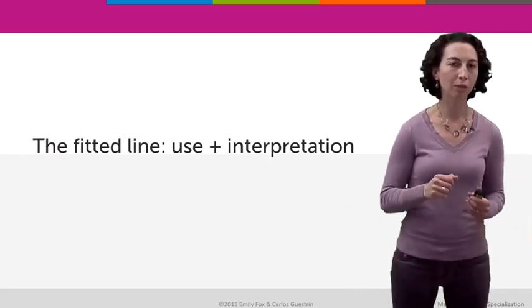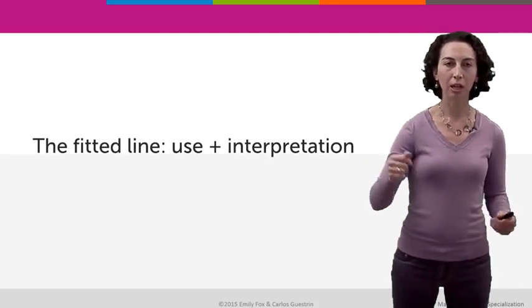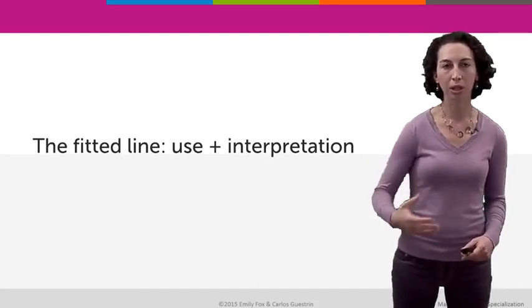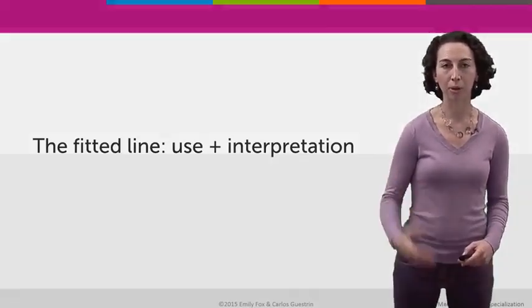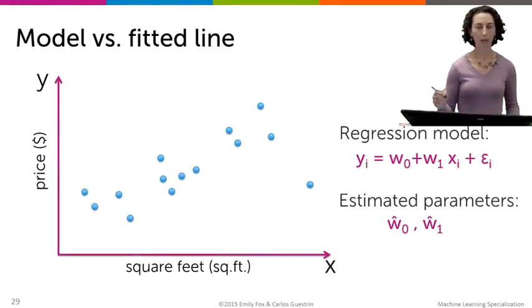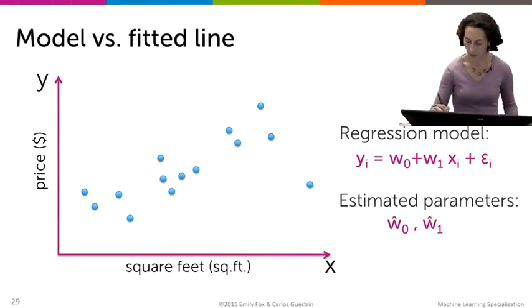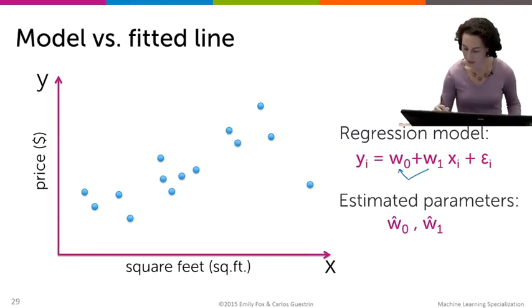But right now, let's just assume that we have some fitted line, and let's talk about how we're going to use it and how we can interpret the parameters. Let's start by contrasting the model from the fitted line. So our model, which I've written again here, is in terms of parameters.